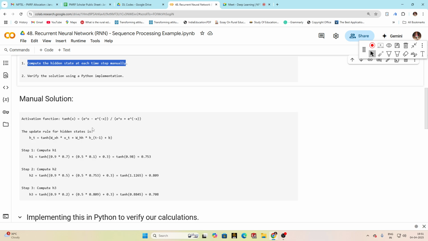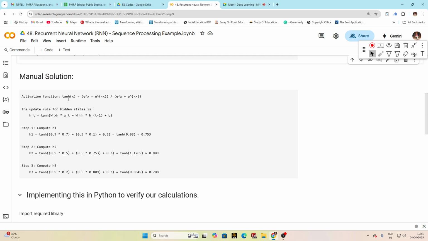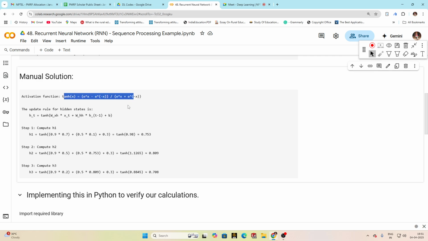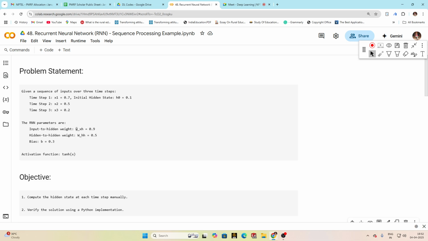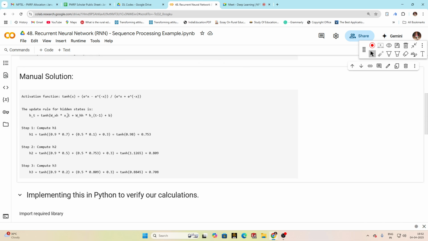So let's solve it manually. This is the tanh function that we will apply after calculating the thing in the bracket. What will be the thing in the bracket? wxh is the weight from input to hidden, applied on the input.